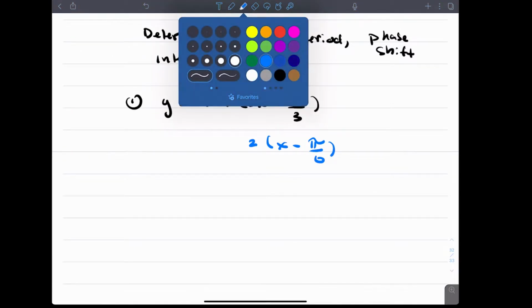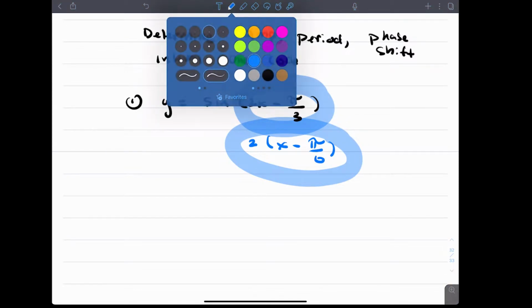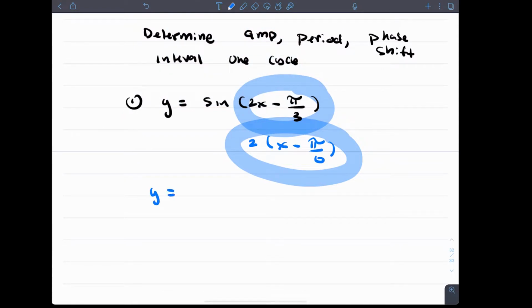This portion here, we need to write as 2 times x minus pi over 6. You need to factor out that leading coefficient. Because what are they going to say to us now? This is going to be sine now of 2 times x minus that pi over 6, ladies and gentlemen.